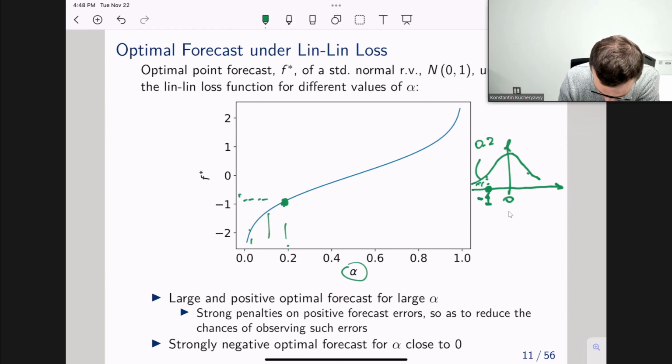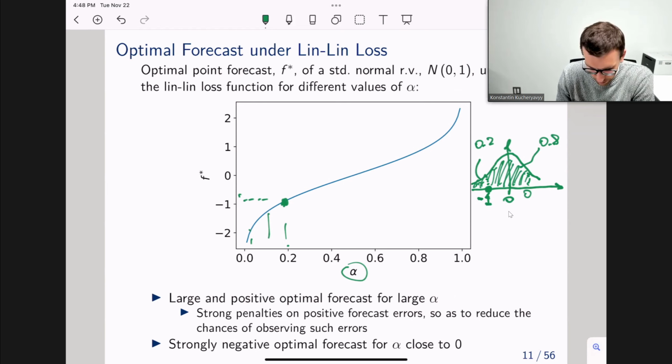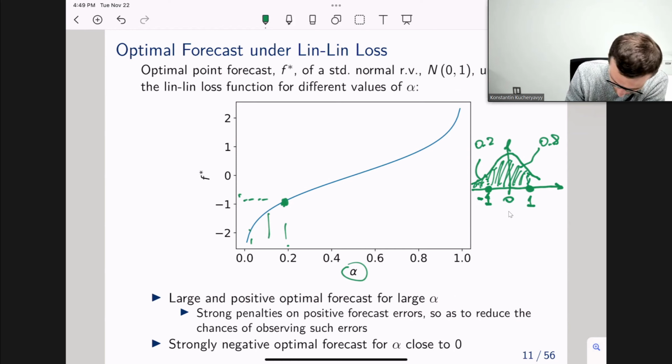And 0.8, say here. Sorry. If we go to 0.8, so the shaded area is 0.8, then the quantile is 1, so it's this.